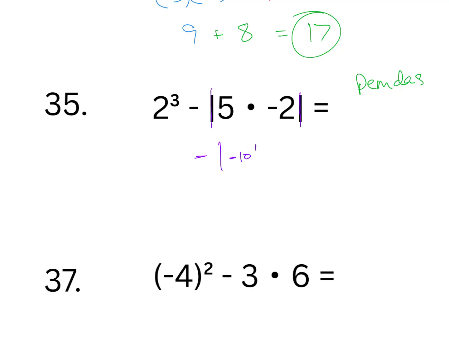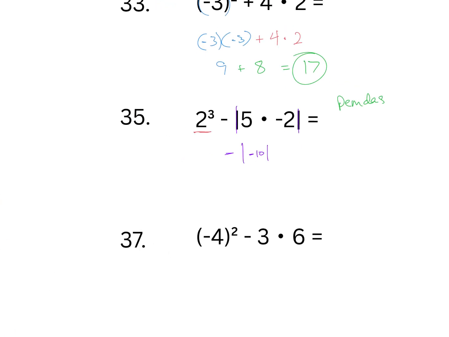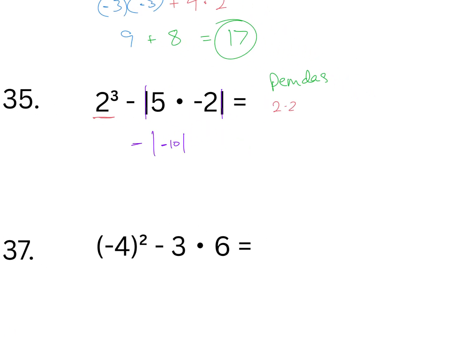That's negative 10. And then we can go ahead and do this too. That is 2 times 2 times 2. That's 4 times 2. That's 8. We have 8 minus the absolute value of negative 10. That would be 8 minus 10, which is negative 2.